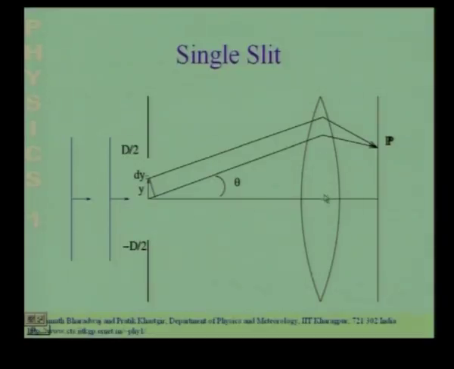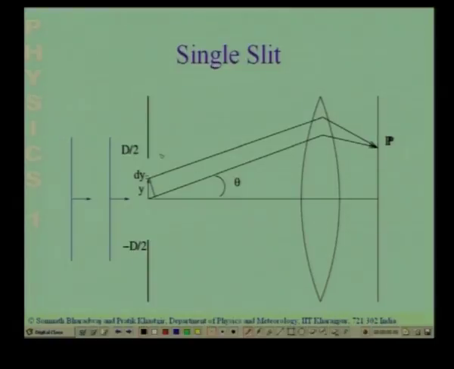What the lens does is that all the waves incident at an angle theta, the lens focuses, brings all of these waves to a single point. So, for the angle theta, all the waves incident on this lens at an angle theta are brought to the same point P over here.